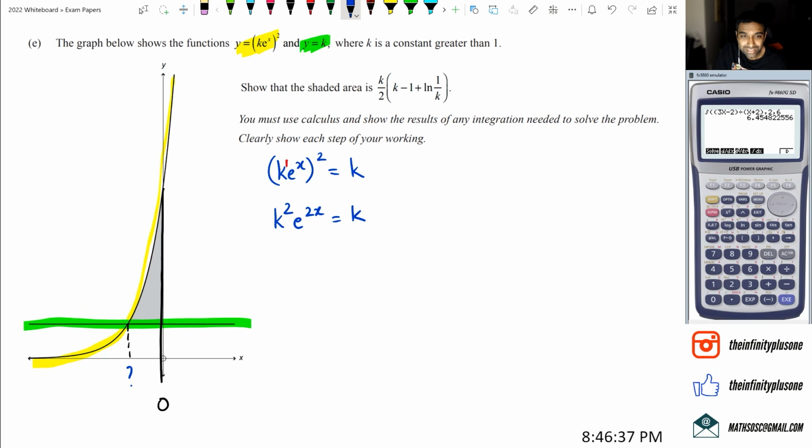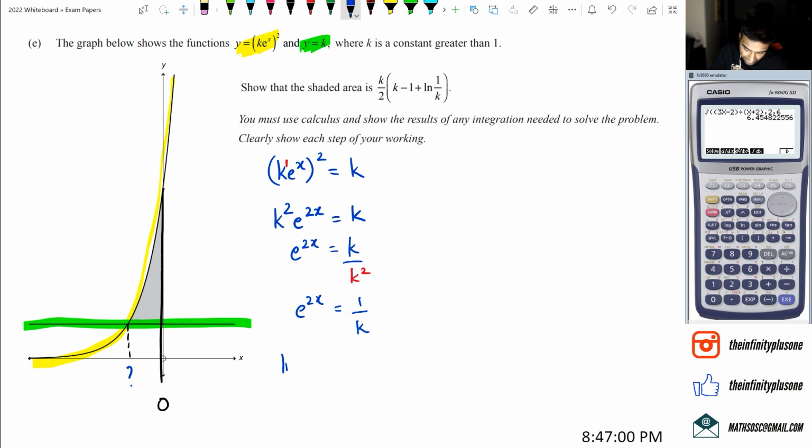And what do we need to do next? We're going to get rid of the k squared to the other side. So e to the power of 2x is equal to k divided by k squared. So in other words, e to the power of 2x is equal to 1 over k. So far, so good. Next, we take logs of both sides.